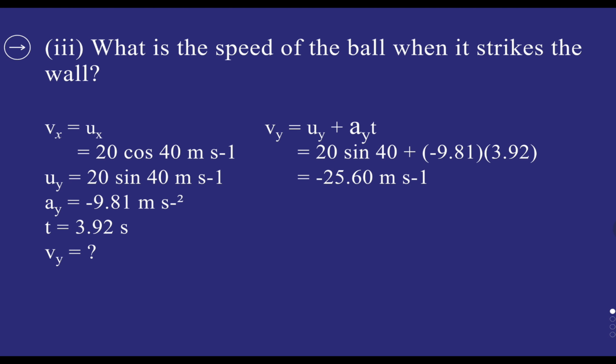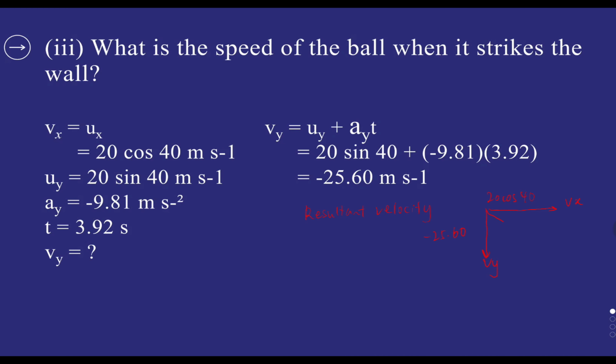But we haven't successfully got the answer yet because we have to find the resultant velocity. So we need to draw the velocity direction. So here is Vx and here is Vy. So Vx is 20 cos 40 meters per second, and Vy is negative 25.6 meters per second.